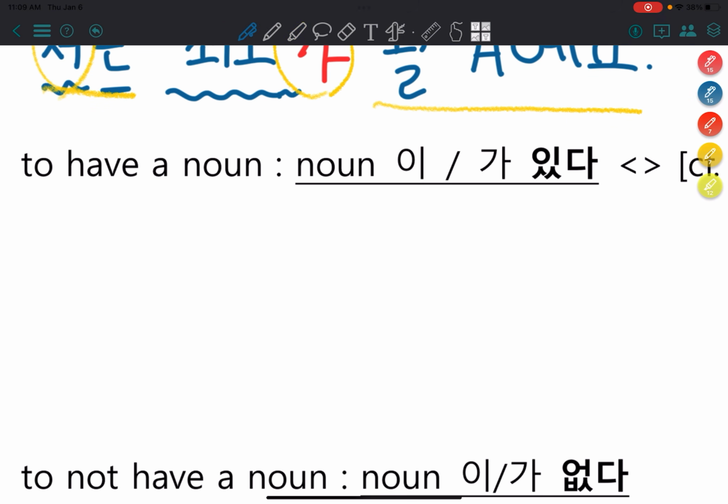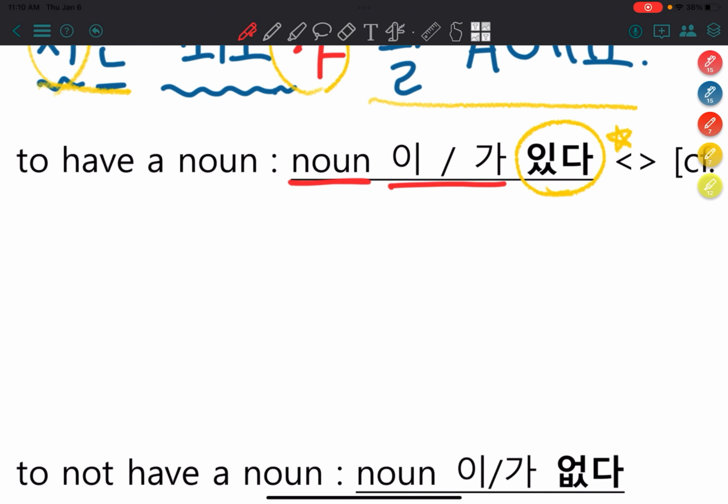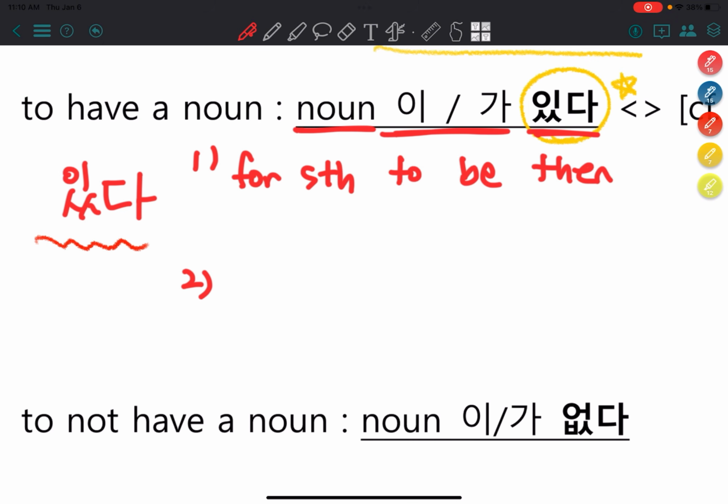And how about to have a noun? To have a noun, we say something 이/가 있다. Actually, to go deeper into this verb 있다, it means for something to be there. Something exists there.